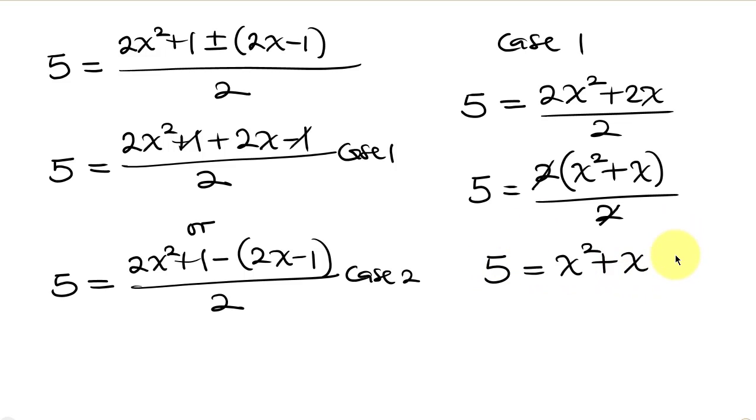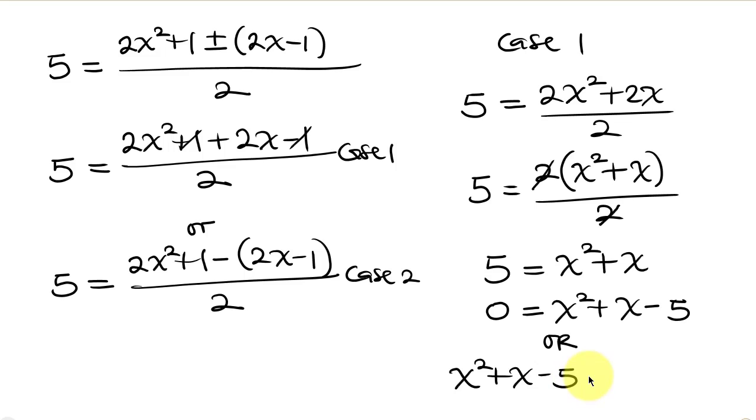Now let's move 5 to the right hand side. So 0 will be left here, equal to x squared plus x, and as 5 crosses, it becomes minus 5. Very good. So we can also write this like this. I'll be writing this on the left hand side, which is x squared plus x minus 5 equal to, then I'll be writing the 0 on the right hand side.